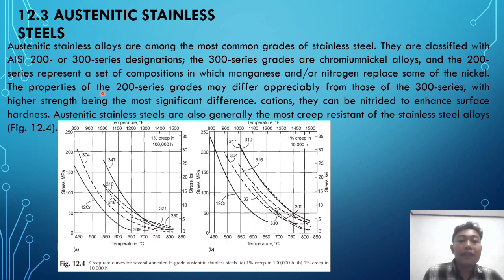The properties of the 200 series grades may differ appreciably from those of the 300 series, with higher strength being one of the most significant differences.